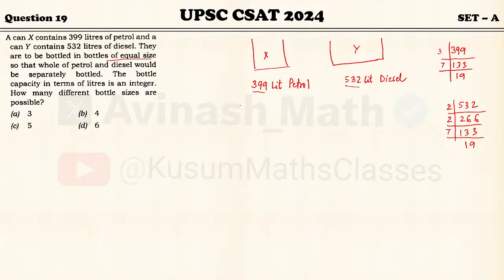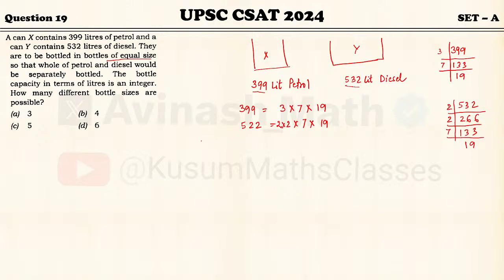So 399 is nothing but 3 multiplied by 7 multiplied by 19, and 532 is 2 multiplied by 2 multiplied by 7 multiplied by 19.